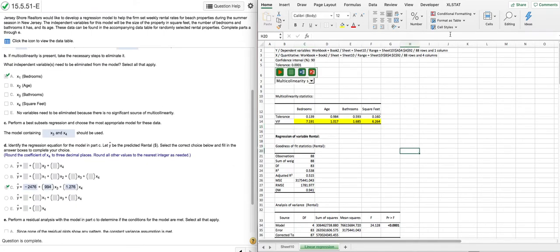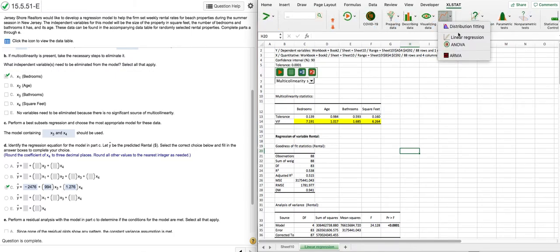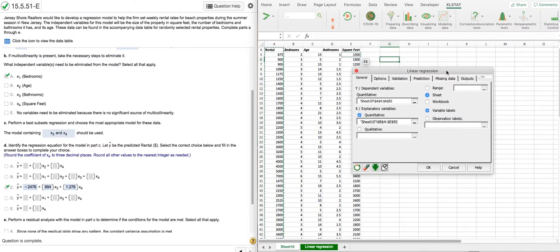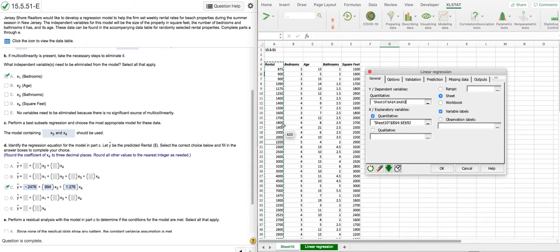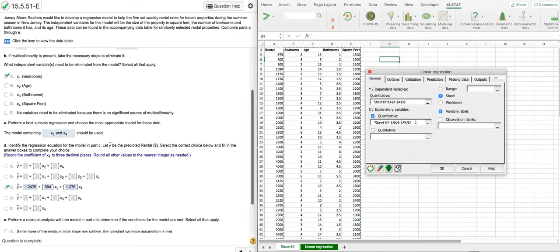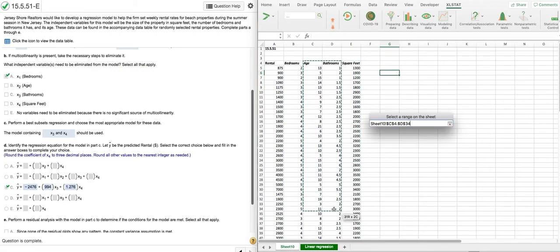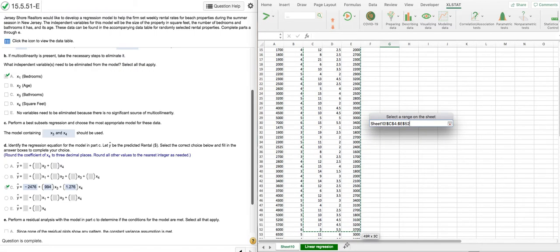And we can do that as well, just to test it. If we were going to remove bedrooms, let's just see what that looks like. And we'll see it in other regressions as well, but let's just remove bedrooms and we'll do age, bathrooms, and square feet.